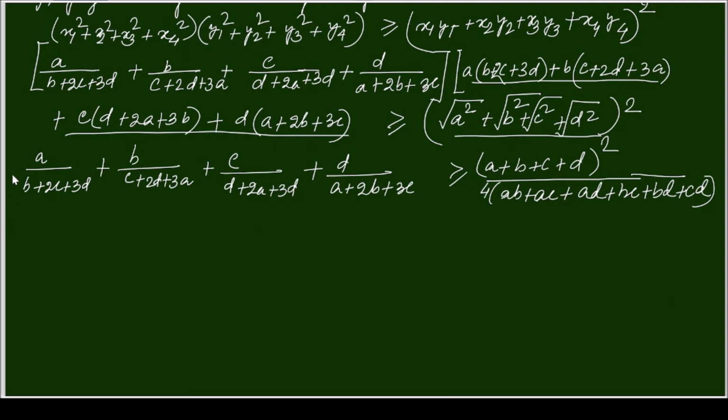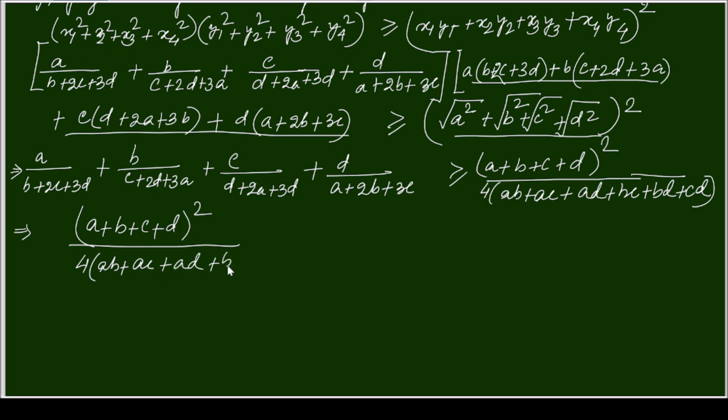That means now to prove that a plus b plus c plus d whole square over 4 times ab plus ac plus ad plus bc plus bd plus cd is greater than or equal to 2.